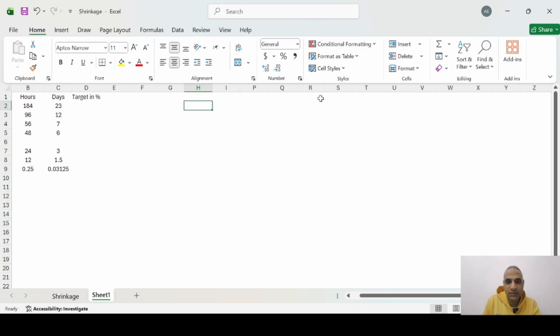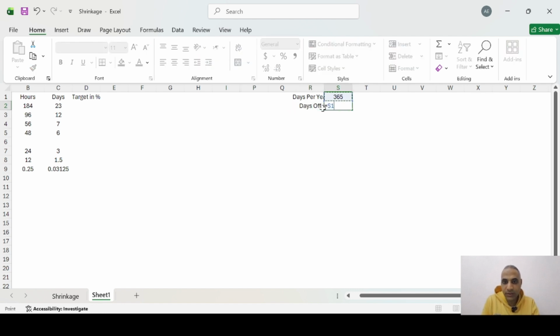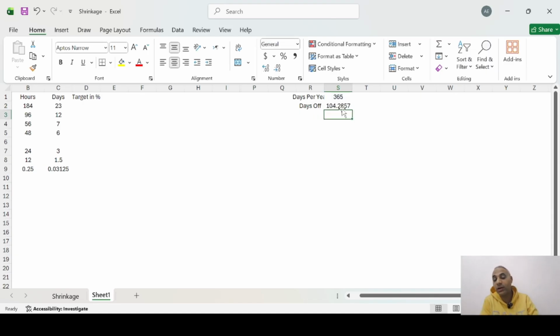Let's say that we have here days per year, which is 365. Days off equal 365 multiply, let's open this parenthesis and say 2 divided by 7, let's close it, and it will be 104 days per year as days off.